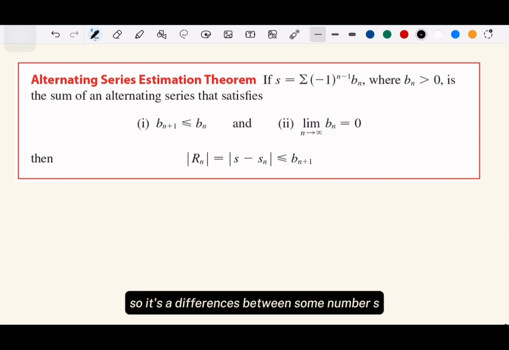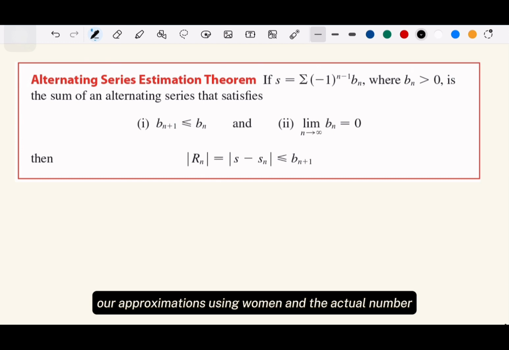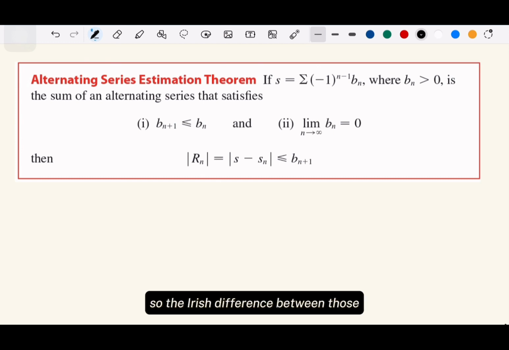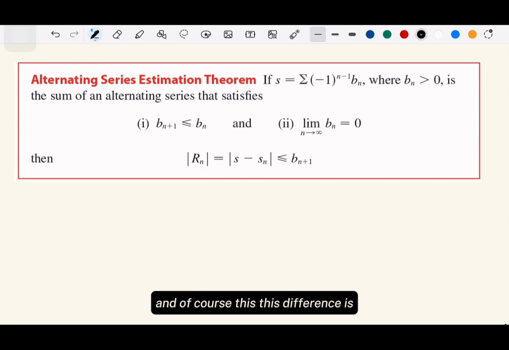It's the difference between some number S and the Sn. So we can think of this as our approximation using limit versus the actual number. The R is the difference between those, and of course, these differences need to be less than or equal to Dn plus 1.